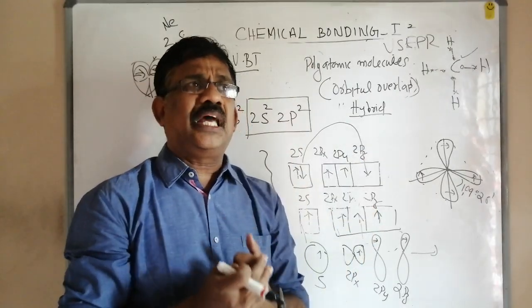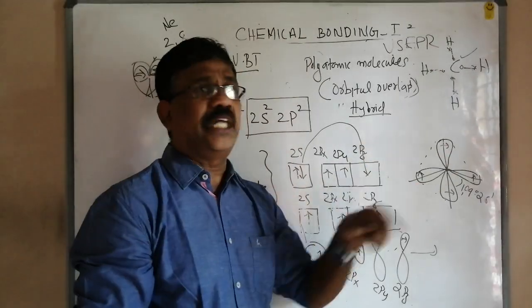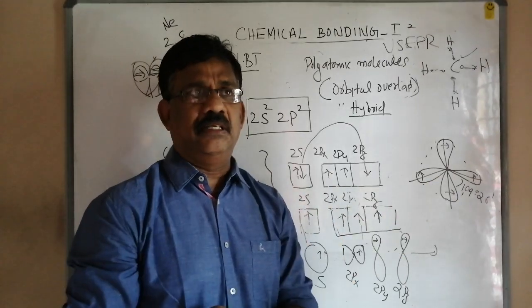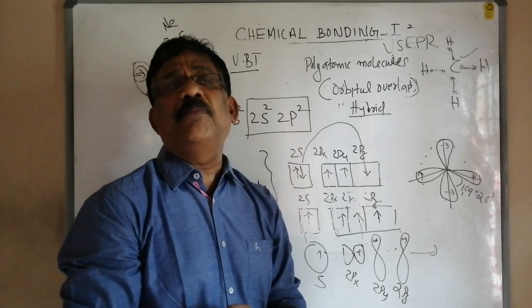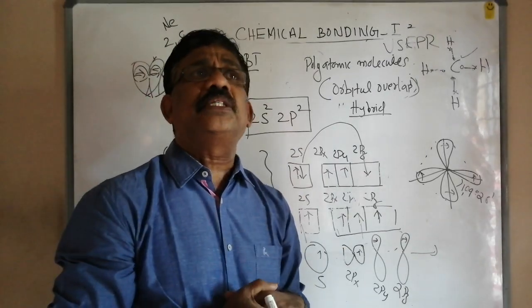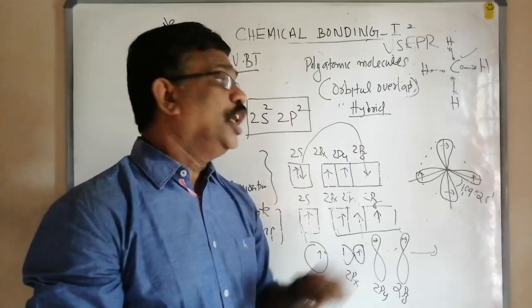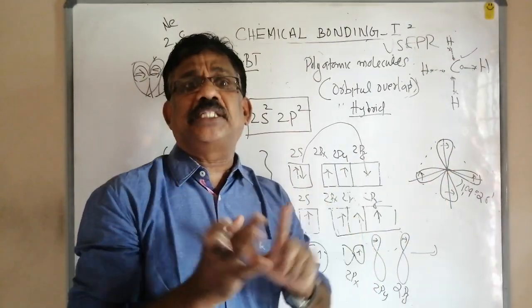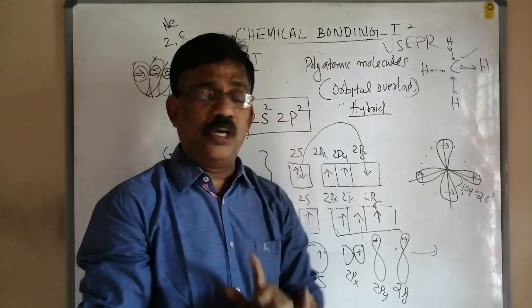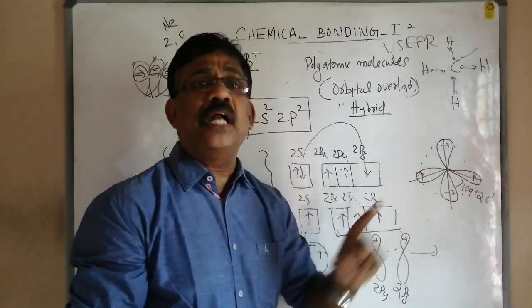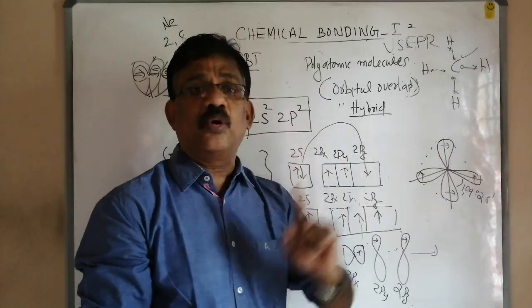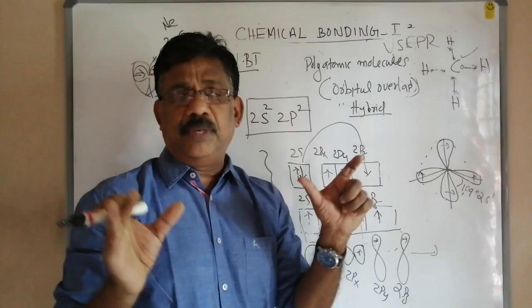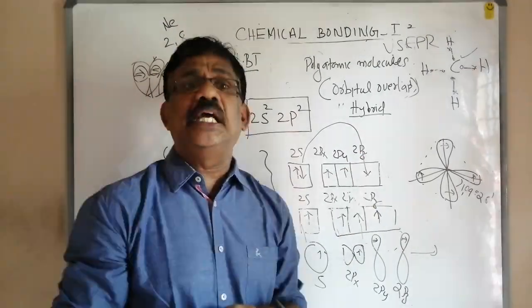Why are the orbitals arranged along the 4 corners of a tetrahedron with a certain bond angle? In the case of methane, carbon arranges its 4 hybrid orbitals along the 4 corners of a tetrahedron to minimize the repulsive force and attain maximum stability. Otherwise, the bond pairs, whose electrons carry negative charge, undergo repulsion, and due to this Coulombic repulsion the molecule becomes highly unstable.